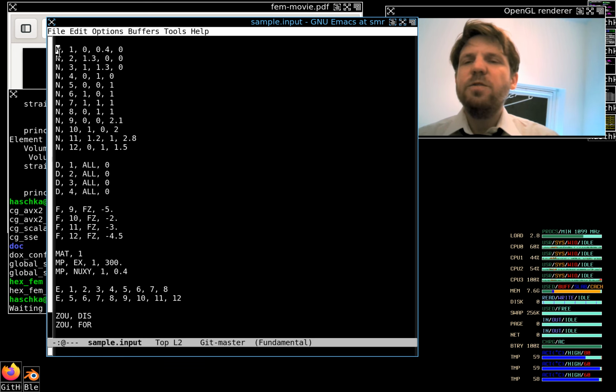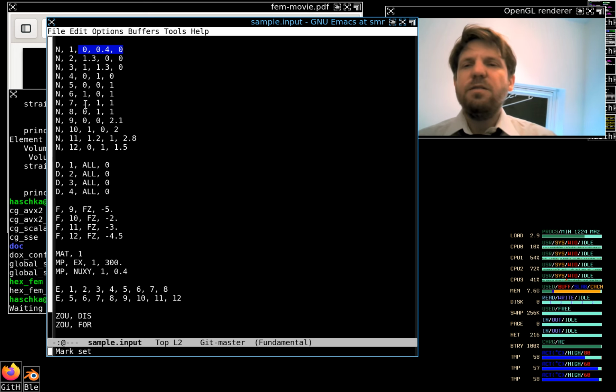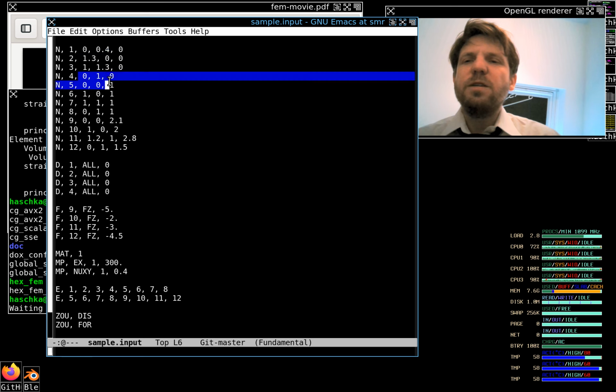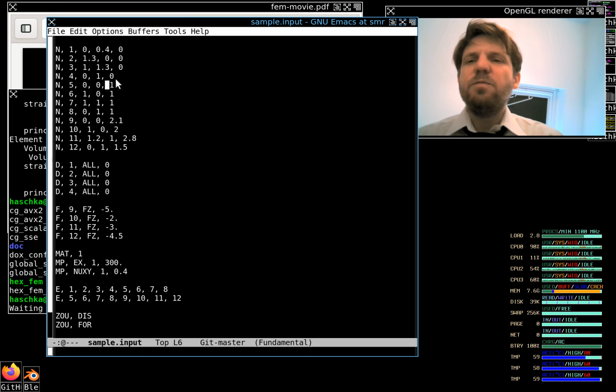So you have the nodes. Each node has a number, and then you have an XYZ coordinate behind the node. And this only does hexahedral elements, not any complicated stuff, and it's very limited in what it does. But it also does very cool stuff, because, as I said, you could calculate a bridge with it if you find the tool that builds you the mesh for it.